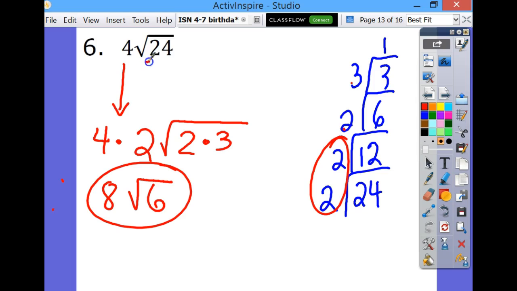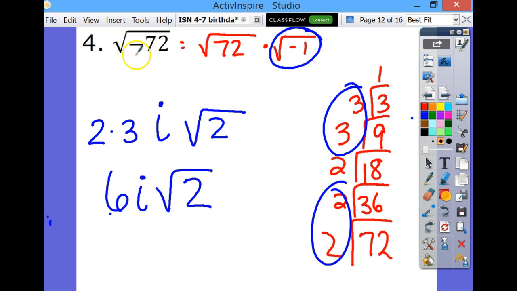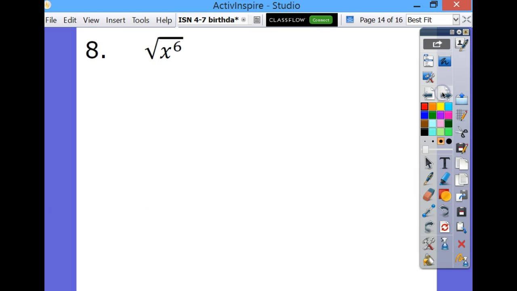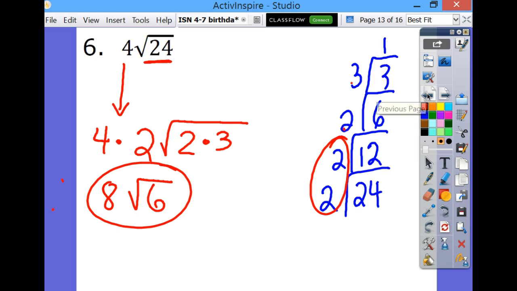When this is positive, you will not have an I in the answer. When the radical is negative under the radical sign, that's when you get the I in the answer, because that's when you get the square root of negative 1, which is the definition of I. Got that clear? Question on that?